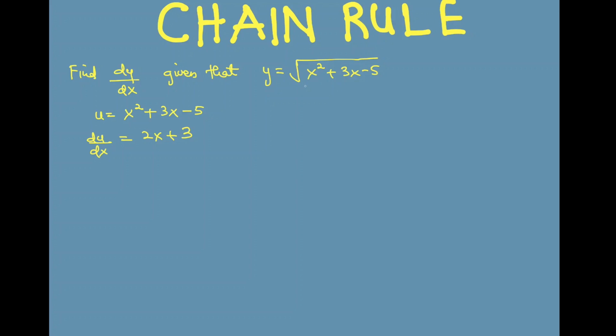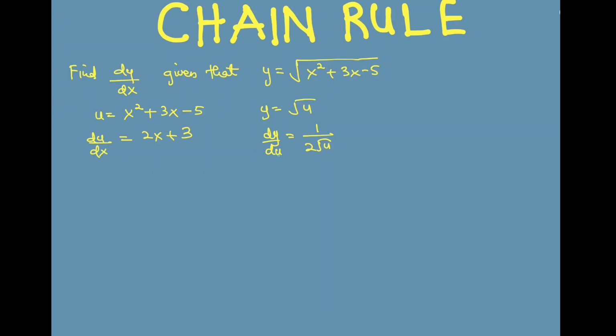Then our function y becomes a function of u, which is the square root of u. Then we find our derivative of y with respect to u to be 1 over 2 square root of u. But we know u equals x squared plus 3x minus 5. So our dy over du becomes 1 over 2 multiplying the square root of x squared plus 3x minus 5.